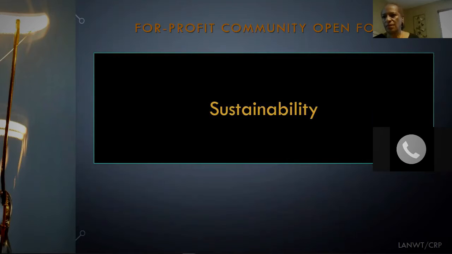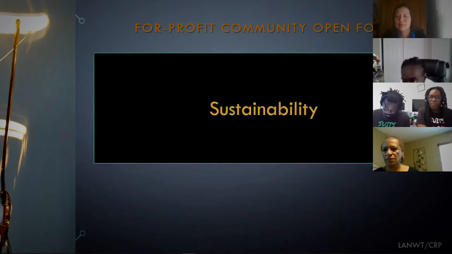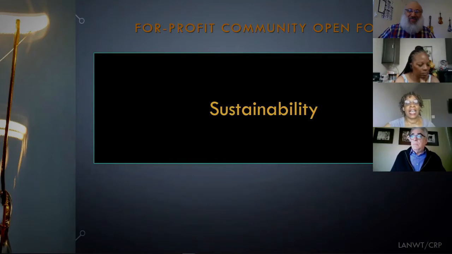Hopefully this will be an open forum where we all will join in and talk about sustainability. But just to give you a definition of what sustainability is. By definition, it's the economic development that meets the needs of the present without compromising the ability of future generations to meet their own needs.